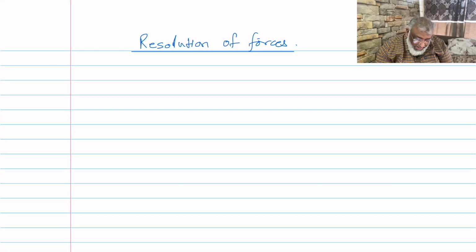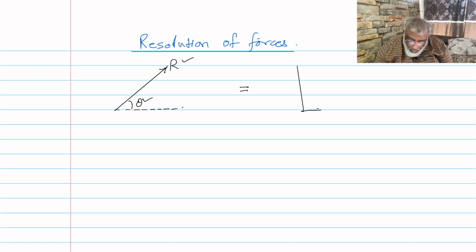So, let us say we have an inclined force R making an angle of theta with the horizontal. So, this is known to us, this is given. And we have to find out what will be the two components of this force in a horizontal and a vertical direction.